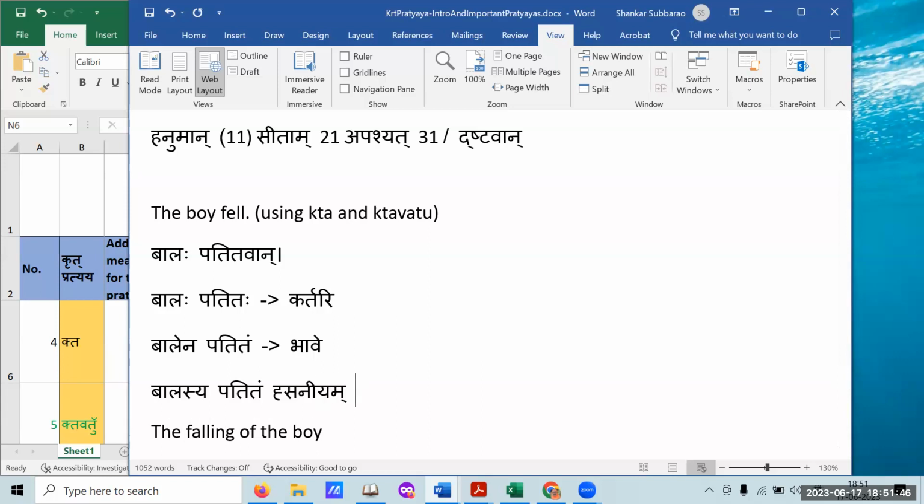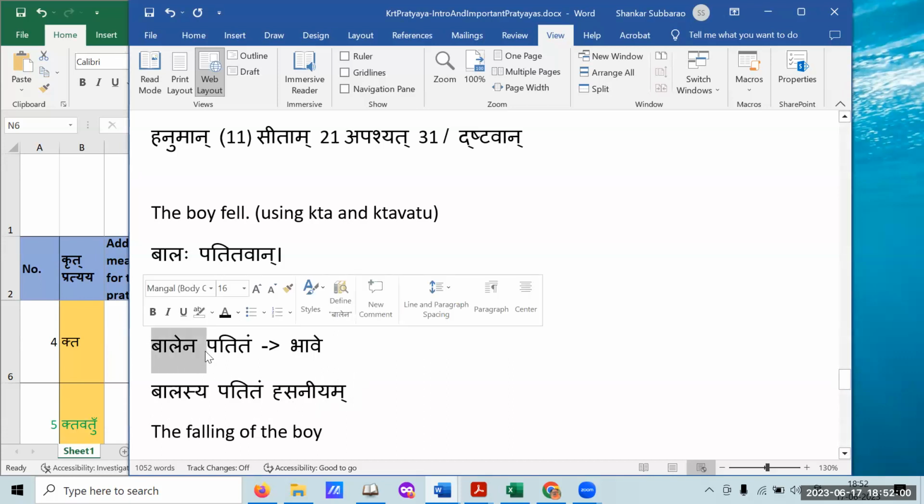Means what? Is laughable. Hasadhatu, to laugh. It is laughable. But you cannot now use patitam. So you can see when it goes with third case, then it is normal bhave.